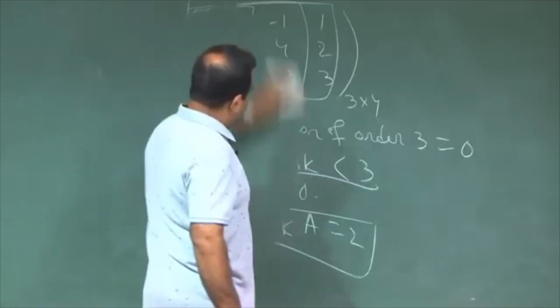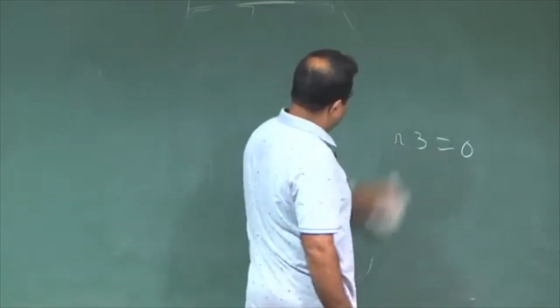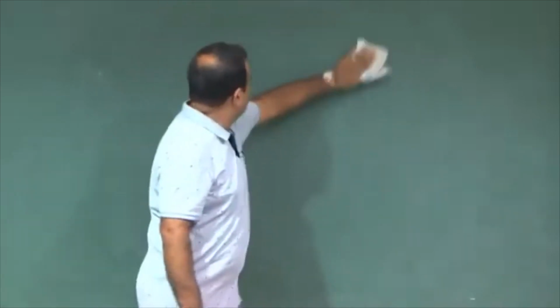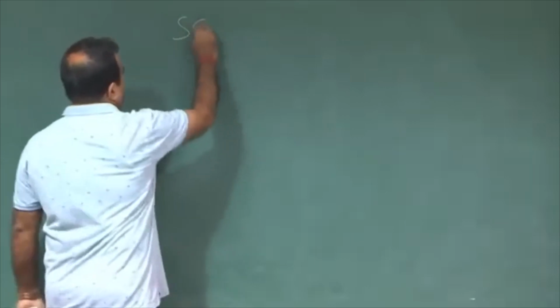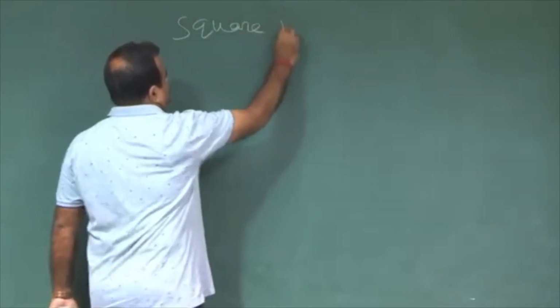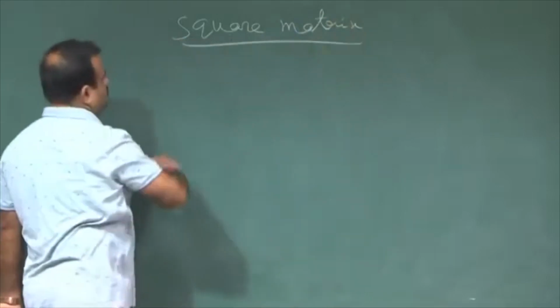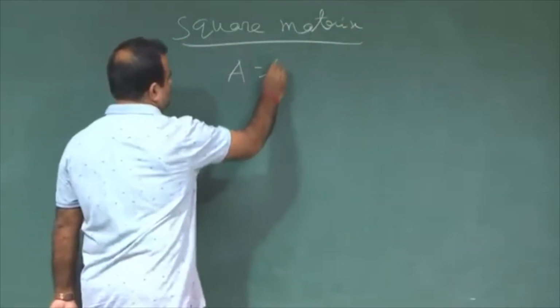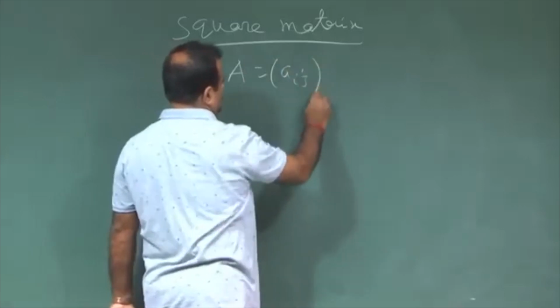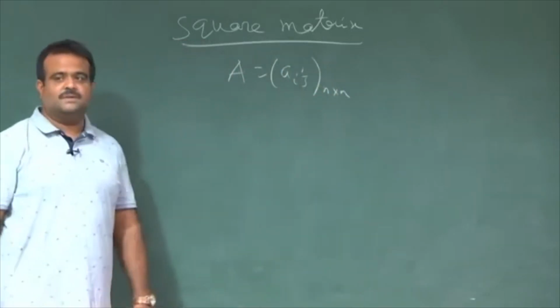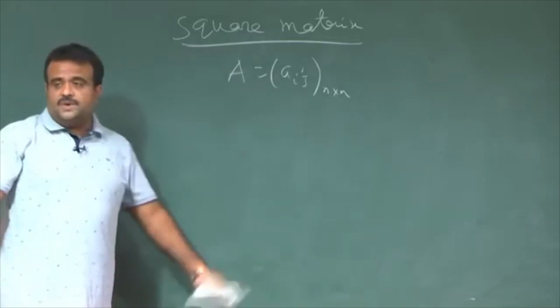Now, we say if we have a square matrix, meaning the number of rows and number of columns are the same, n cross n, then the rank would be n here.